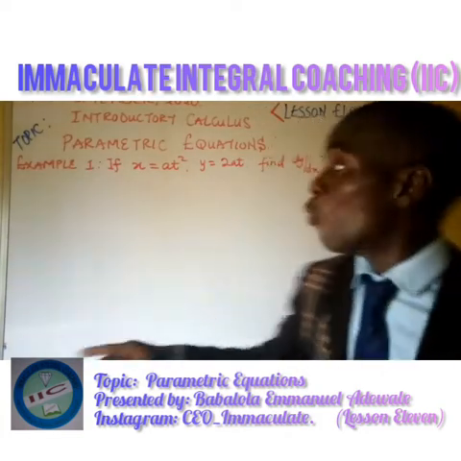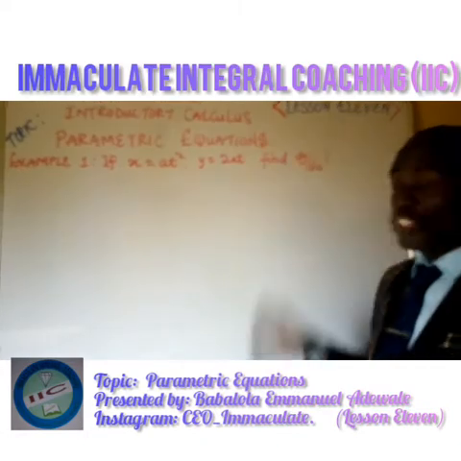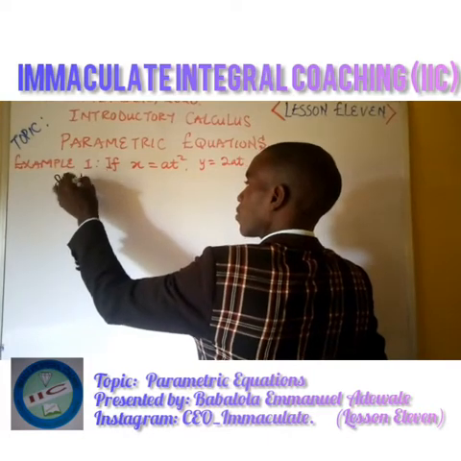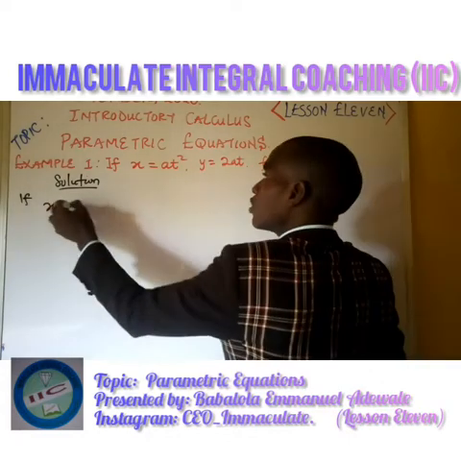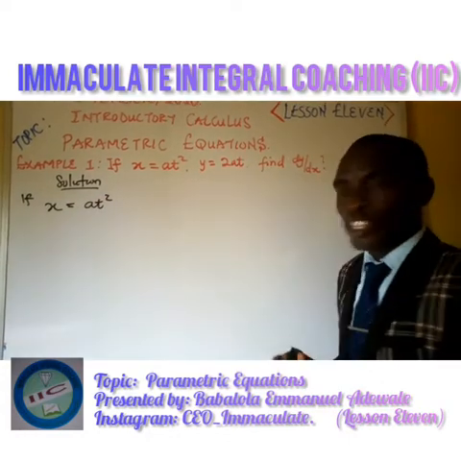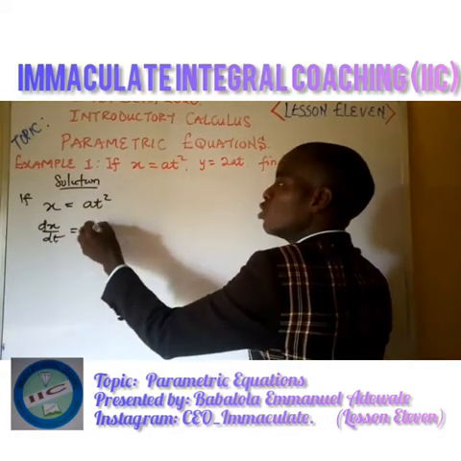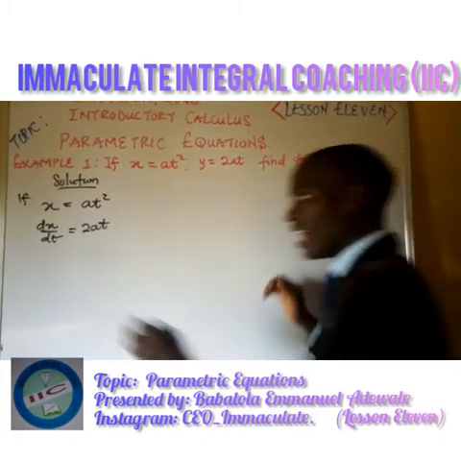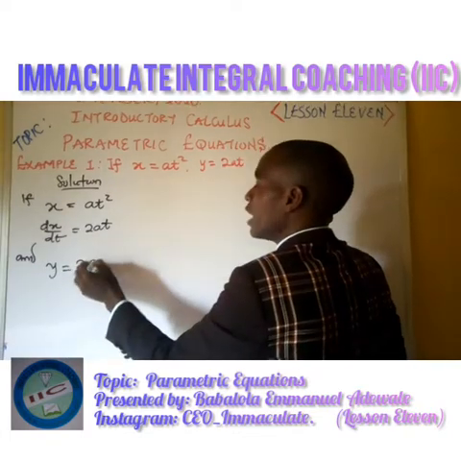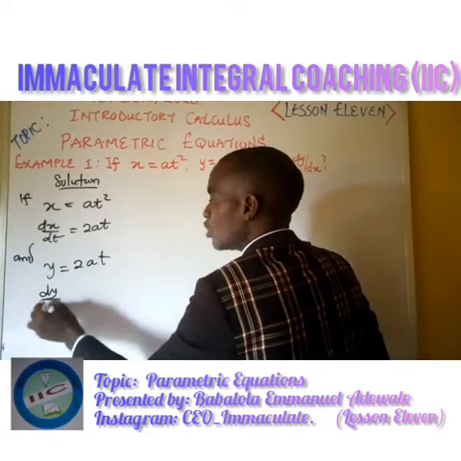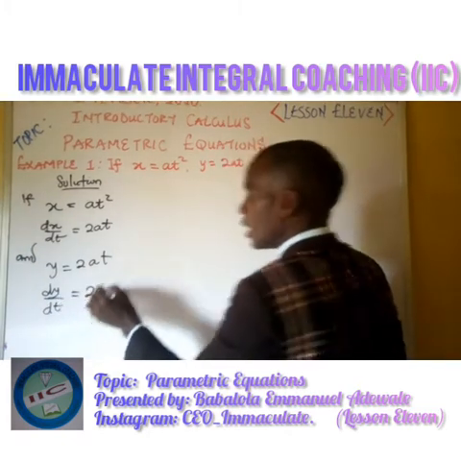Let's consider example 1. If x equals at squared, y equals 2at, find dy/dx. Solution. If x equals at squared, our dx/dt is going to be 2at, and y equals 2at, so our dy/dt equals 2a.